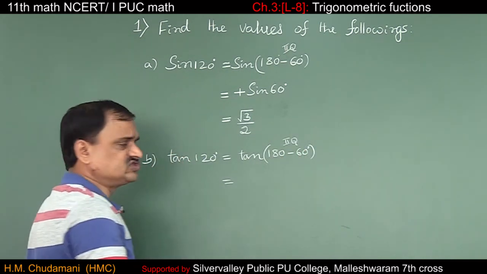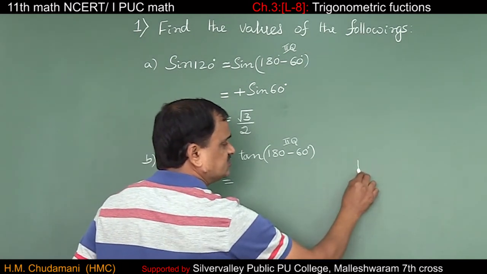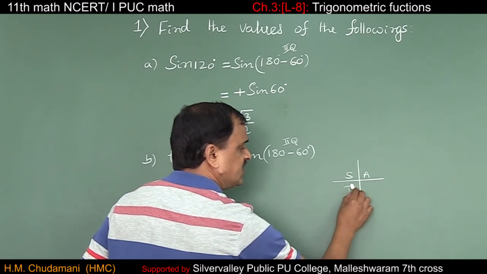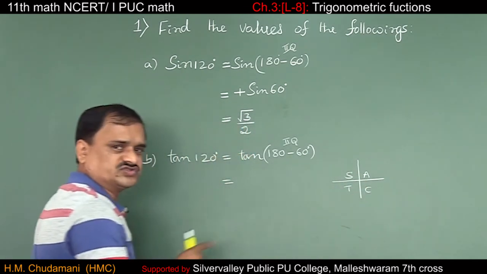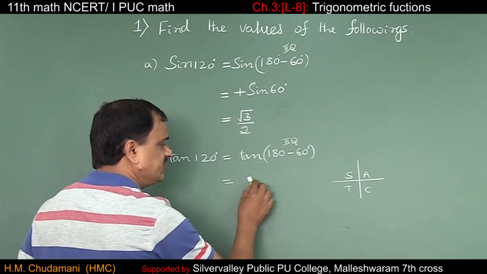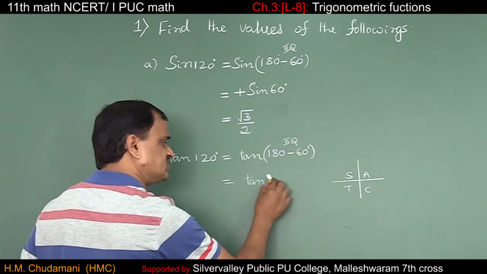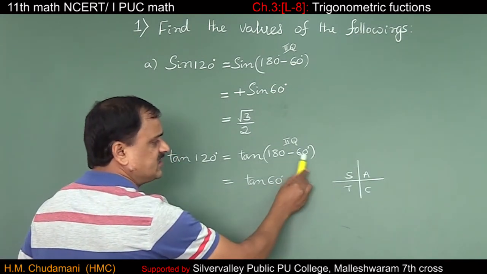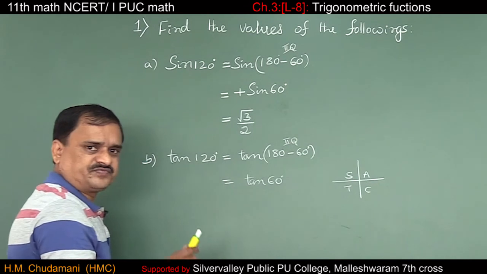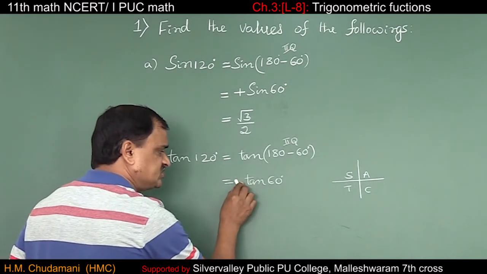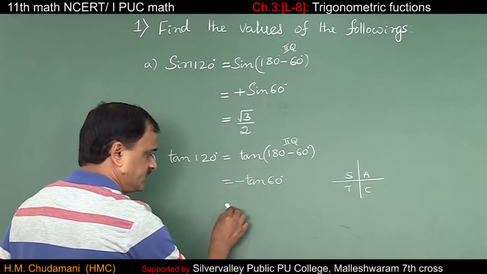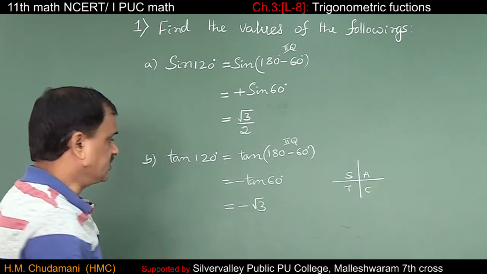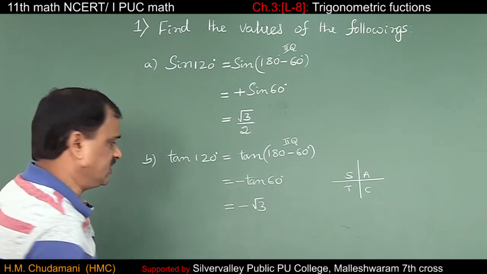As per ASTC rule, S stands for sine and its reciprocal cosecant are positive. 180 means the trigonometric function remains the same, doesn't change. So 180 minus theta, second quadrant means only sine is positive. This is tan, that's why it is negative. So tan 60 degree is root 3, and tan 120 is minus root 3.